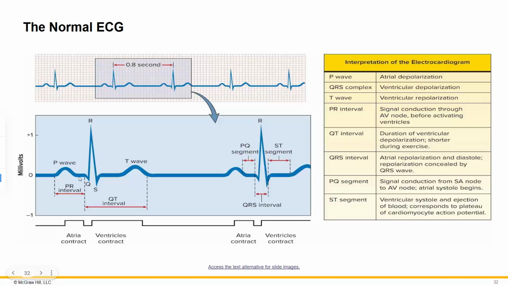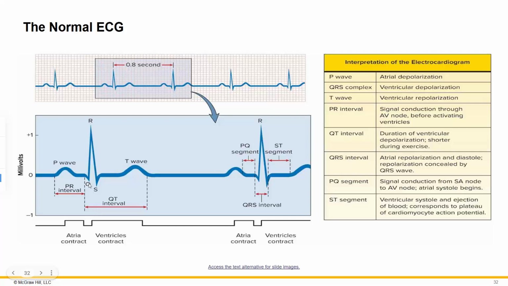Then we have the QRS complex. Before we get to the QRS complex, we have the PR, or the P to Q interval as it is sometimes called. The PR interval is the signal conduction through the AV node before activating the ventricles.